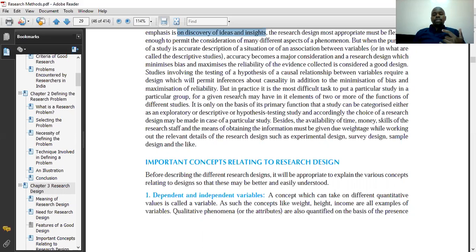So it should not be geared towards enjoyment. Research is not basically for enjoyment. It's to get some findings to address a particular matter. So a good research design should emphasize on discovery of ideas and insights. Also, it needs to be accurate. What accurate means is that all the information you're giving there is not blurred.